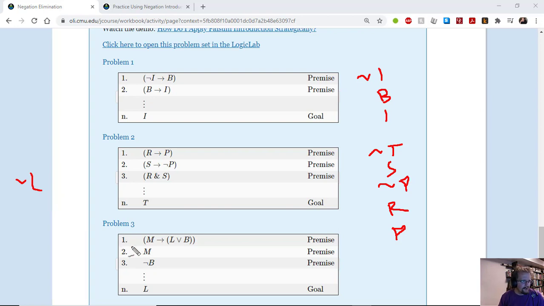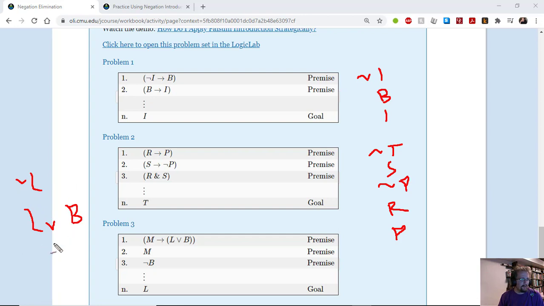Then I'm going to use lines 2 and 1 to do conditional elimination, which will give me L or B. And then I'm going to do a disjunction elimination of L and B, with my goal being the falsum created by the not L box.